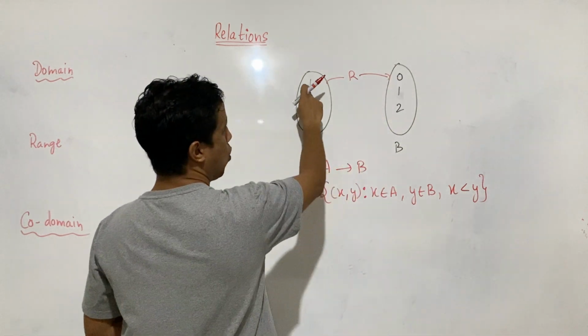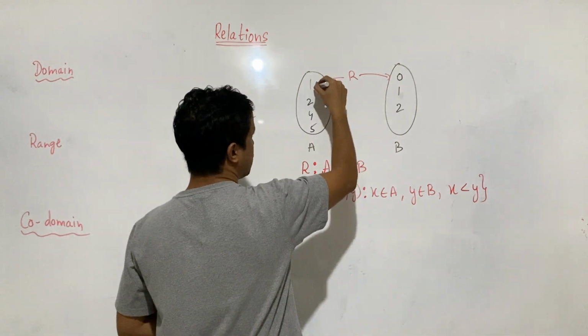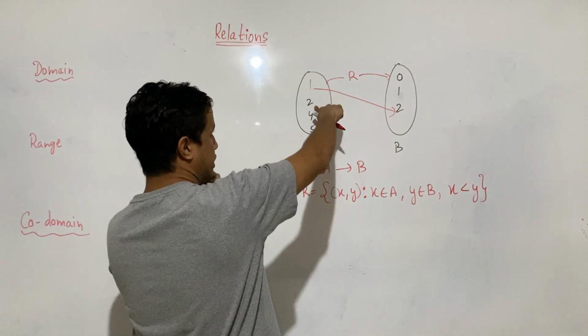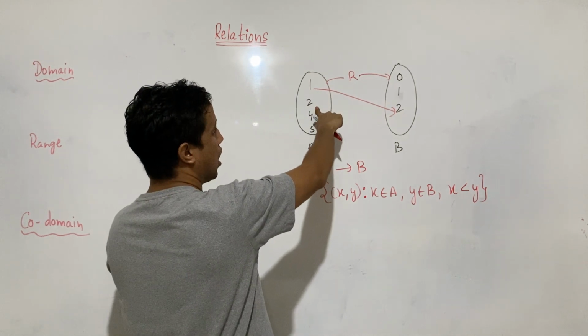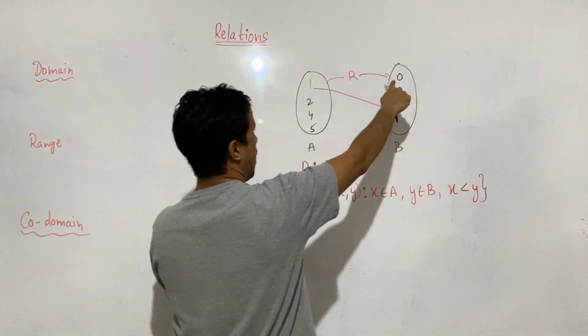No, so 1 is not going to make a relation with 0. Same here, 1 is going to have a relation with 2. Here 2: is 2 less than 0? No. 4? No.